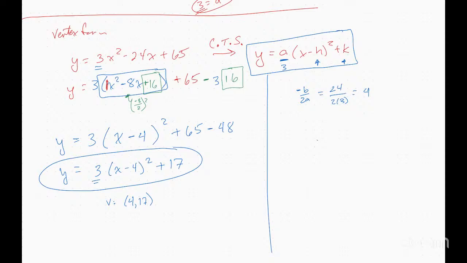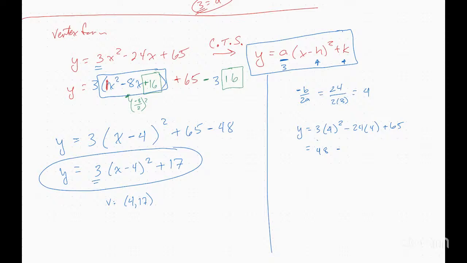But getting back to this other way of doing it, if this is easier, you can just do it this way, which is probably easier for most people, to be honest. So that equals 16 times 3, which is 48, minus 24 times 4, which is 96, plus 65, and I bet that's 17.